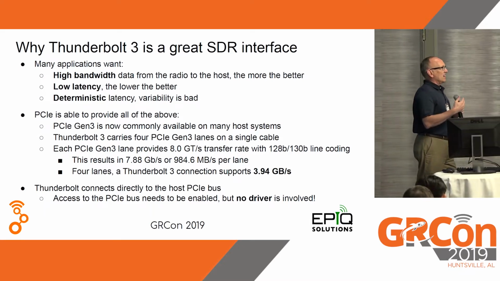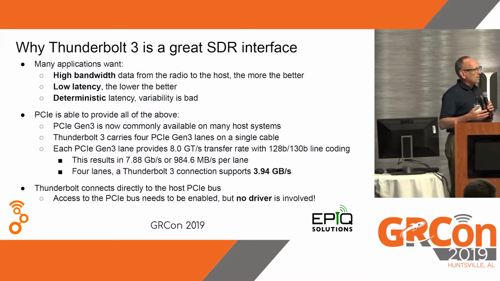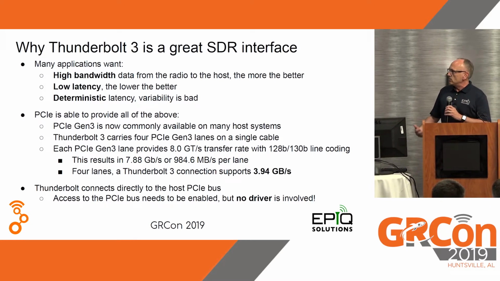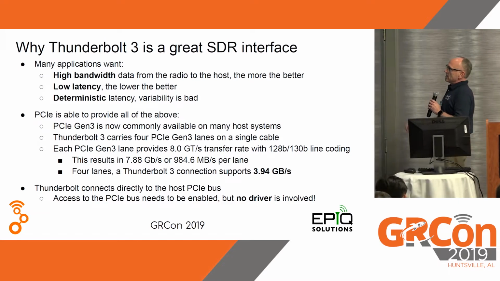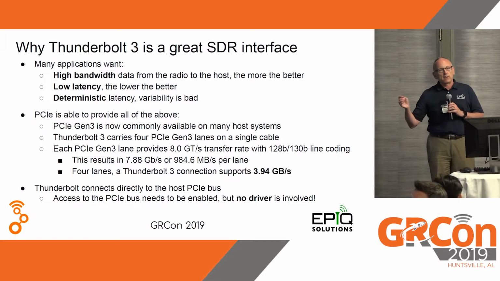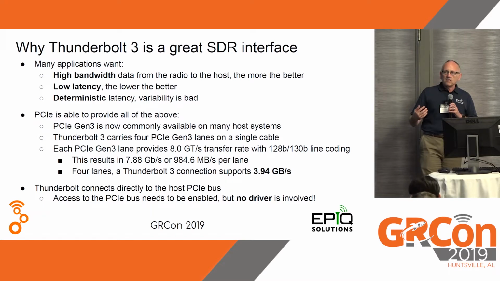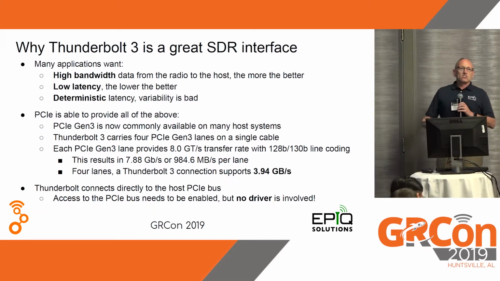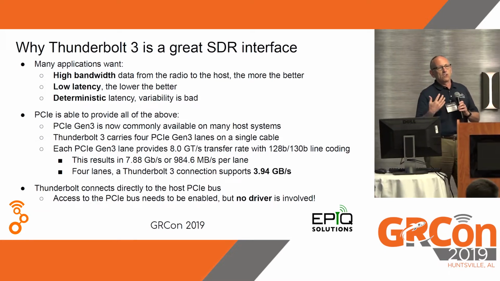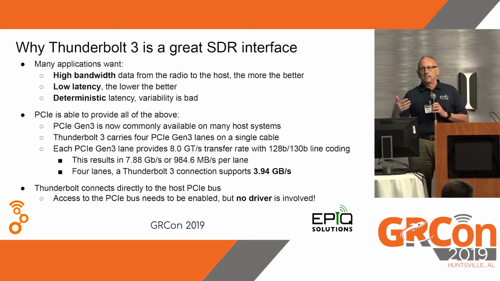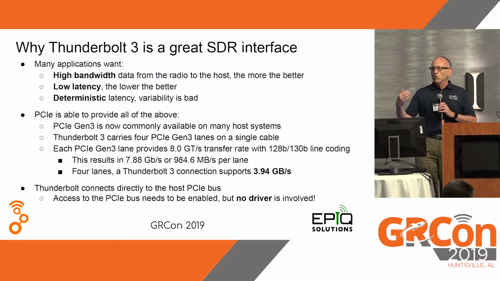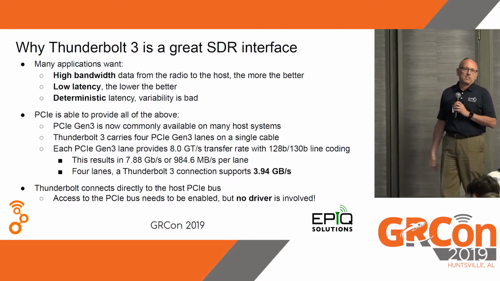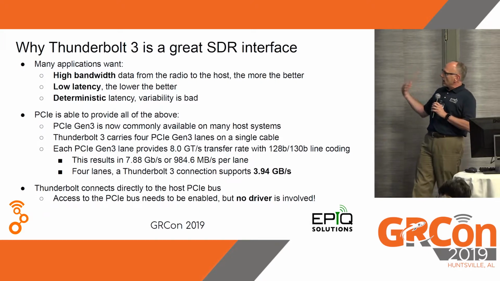And nowadays, Gen 3 is pretty well deployed, so it's commonly available on a lot of hosts that you probably already have. Thunderbolt 3, that one small cable, holds 4 lanes of PCIe Gen 3, and so you can get up to 40 gigabits per second throughput. The 4 lanes of PCIe Gen 3 give you 4 times 8 gigatransfers per second at the raw speed.